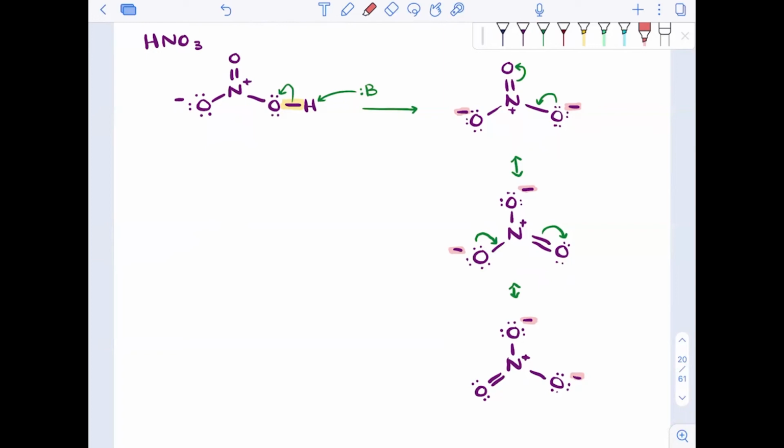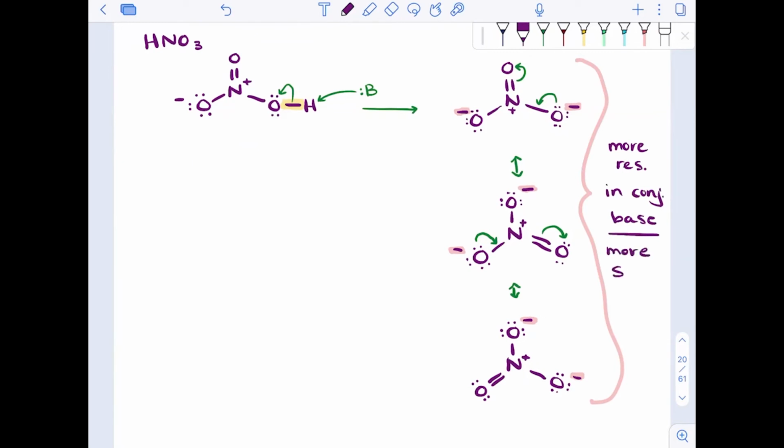How sweet. The more oxygens you have, the more resonance you have in that conjugate base. And so the more resonance in the conjugate base, the more stable the conjugate base. And what does that mean for the acid? It means that the acid is reactive.